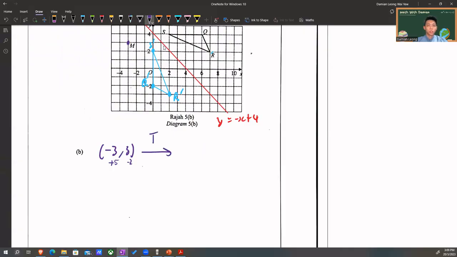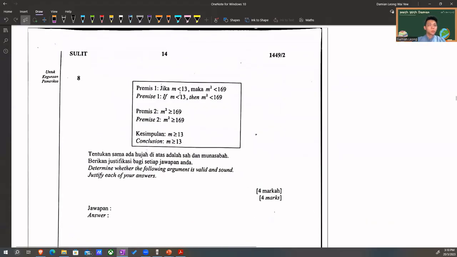Going through transformation T, it ends up 2, 1. Working not important, just need this. Or you can do it on the diagram. Plus 5, 1, 2, 3, 4, 5, minus 2, 1, 2. So it ends up here, which is 2, 1. So up to you. If you want to use the diagram, you can, or you can just transform from the coordinates.